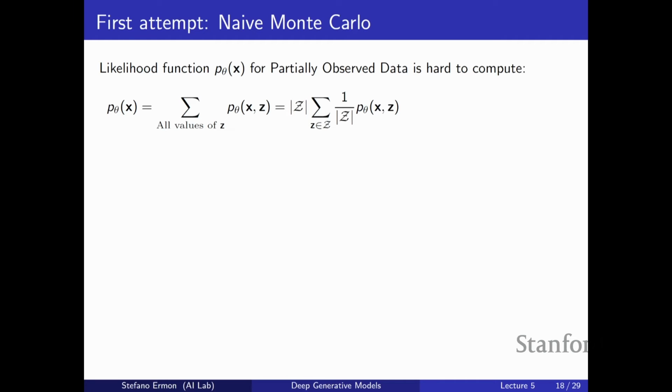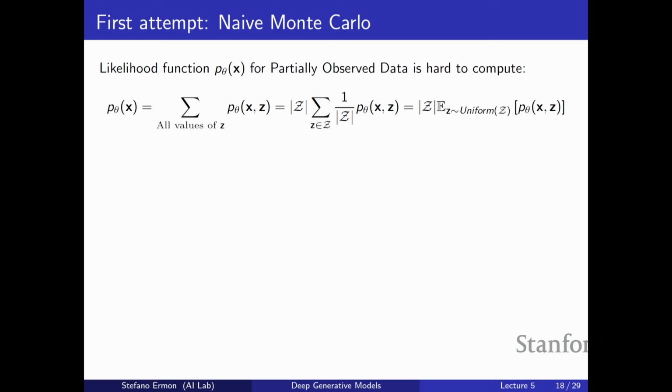If there are capital Z possible values that these z variables can take, we can multiply and divide by the total number of entries in this sum. Then this object becomes an expectation with respect to a uniform distribution. And now we can apply Monte Carlo. Whenever you have an expectation, you can approximate it with a sample average.